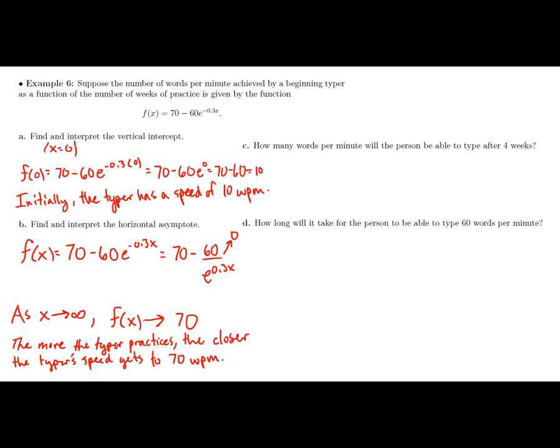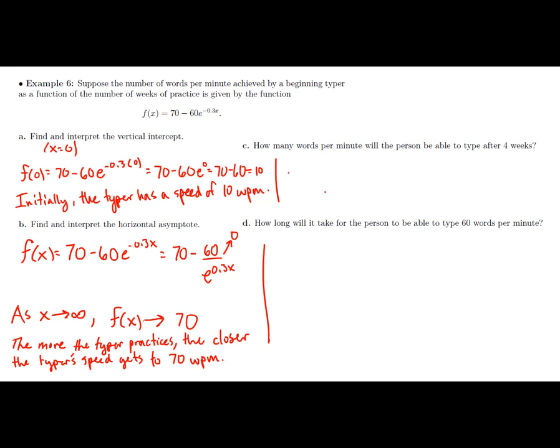Or another way of thinking of it is, no matter how much this typer practices, the typer's not going to get above 70 words per minute, because at some point your fingers just can't move faster than that.